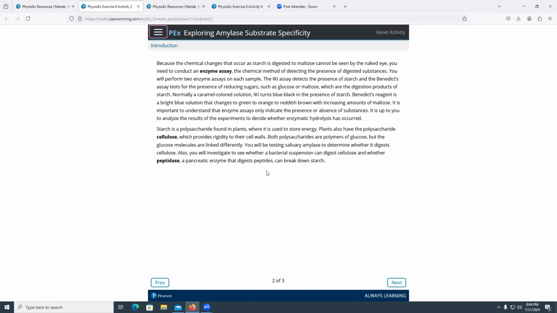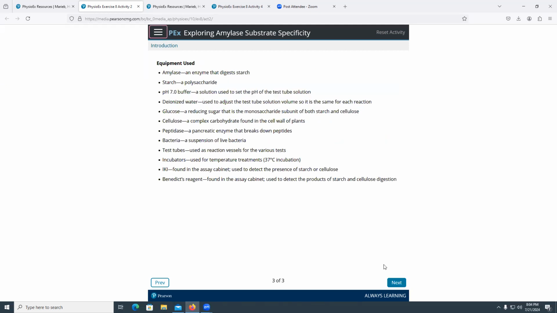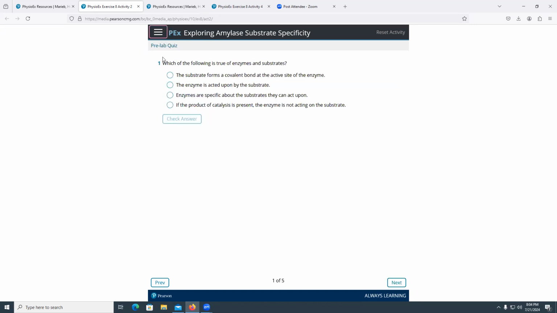So this peptidase is a pancreatic enzyme that breaks down peptides. But that means it's specific for peptides. That means we hypothesize it will never have anything to do with carbohydrates. Okay, so this is the equipment that we're going to be using. You can read them at your own pace. And now let's go on to the pre-lab.